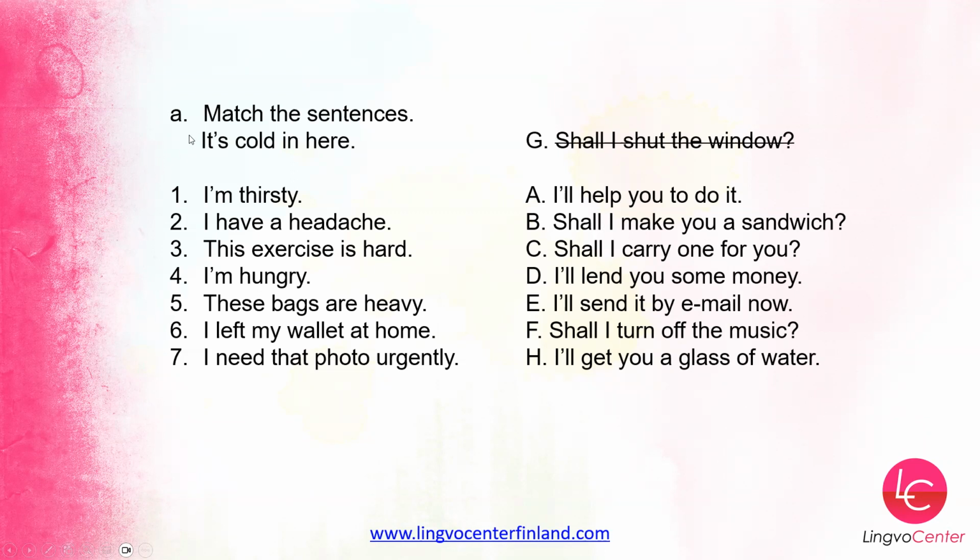So 0 is, it's cold in here. Shall I shut the window? It's very good. It's an offer that you will shut the window and you're offering it. So you're offering to shut the window, so it's always going to be shall. Shall I shut the window?